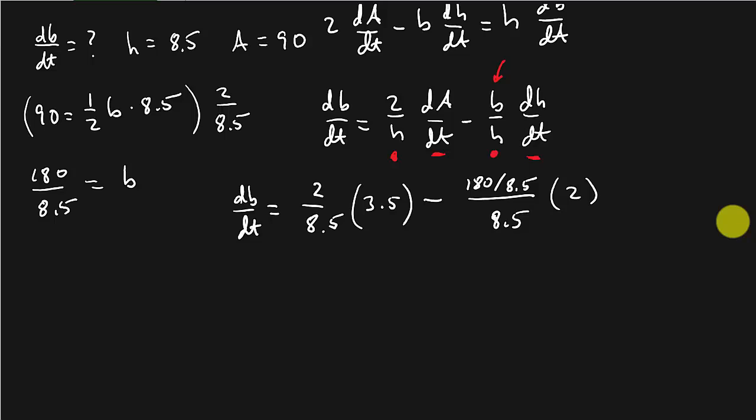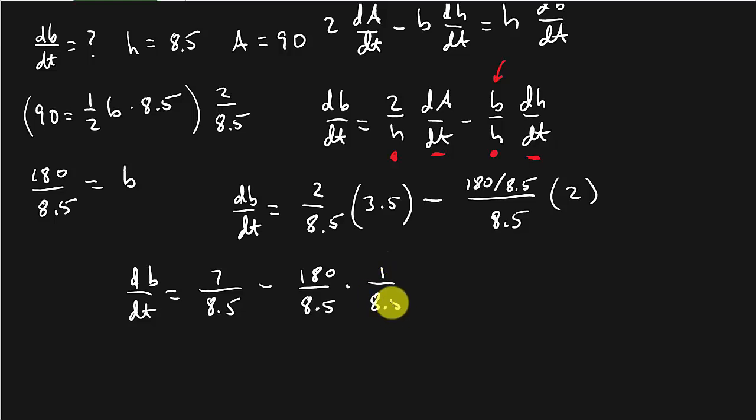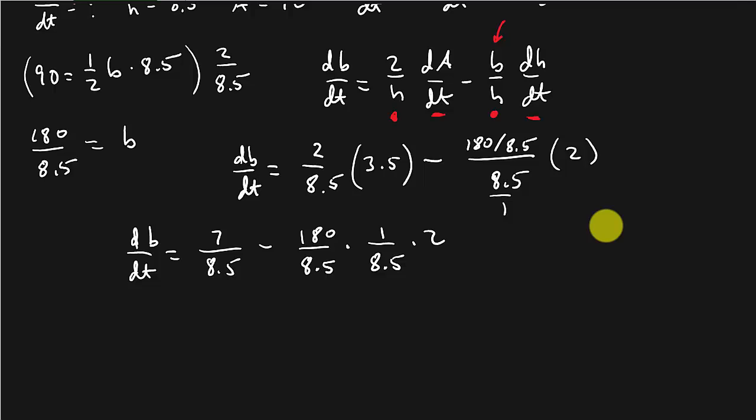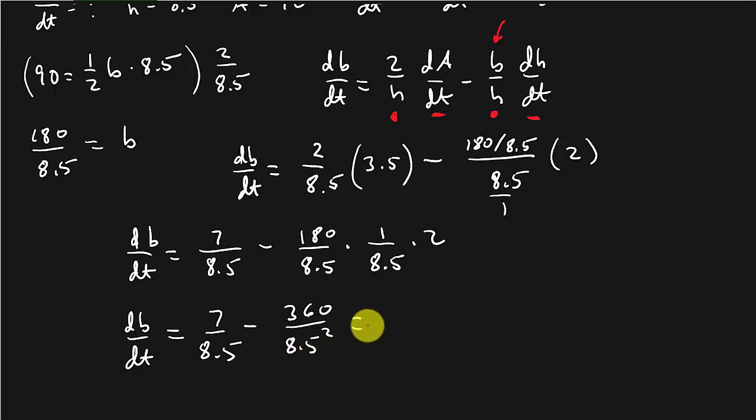Basically we'll have to plug all this into our calculator, but let's simplify it first. We've got 2 times 3.5, that's 7 over 8.5, minus 180 over 8.5 times 1 over 8.5 times 2. Dividing by 8.5 is multiplying by its reciprocal. So now I get dB/dt is equal to 7 over 8.5 minus 360 over 8.5 squared.